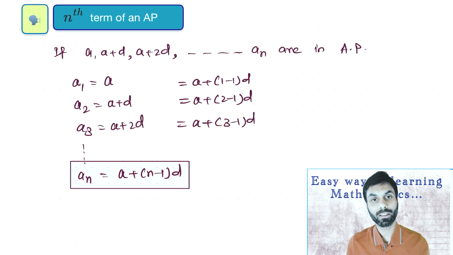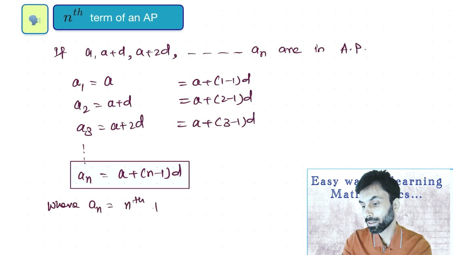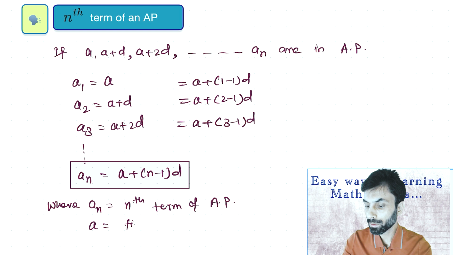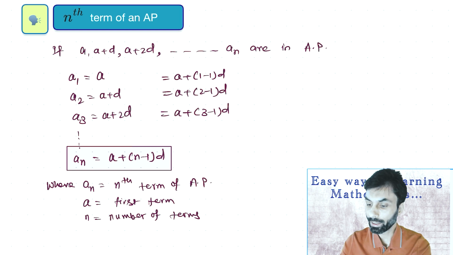This is the nth term of an arithmetic progression, where an is the nth term of AP, a is the first term, n is the number of terms, and d is the common difference.